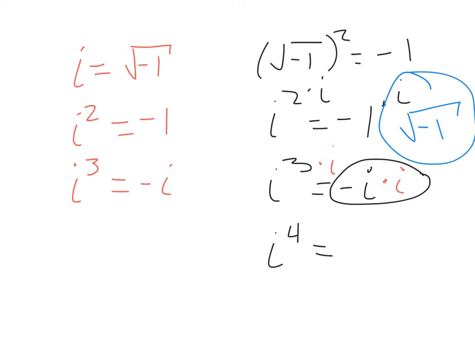Well, what is it? Negative i squared, right? So this would be negative i squared. But what did we just decide i squared was? Okay, so then this is really negative negative 1, which is 1. So i to the fourth is 1.